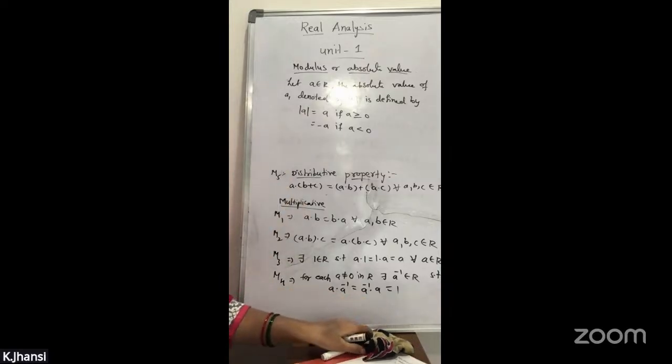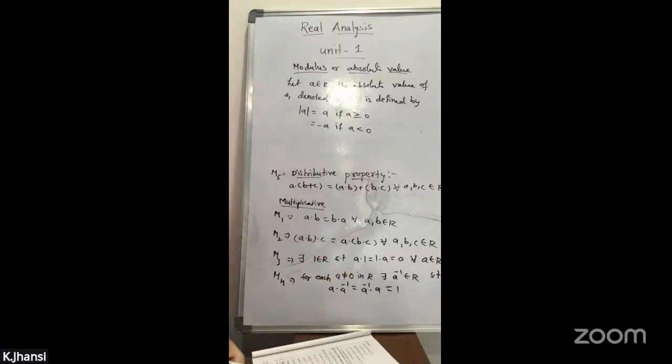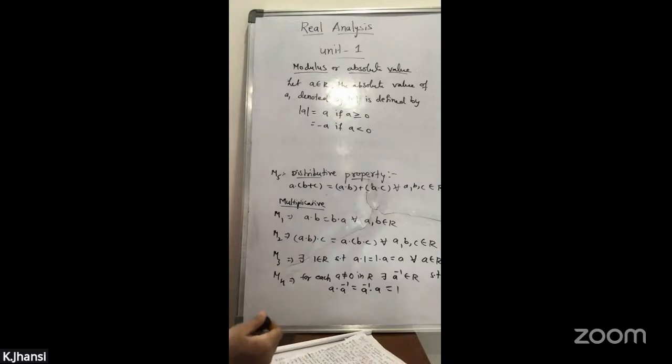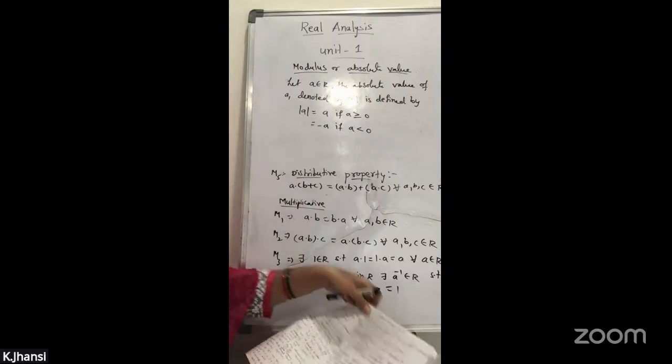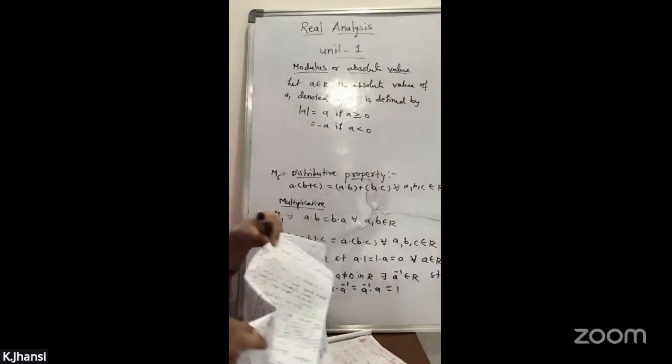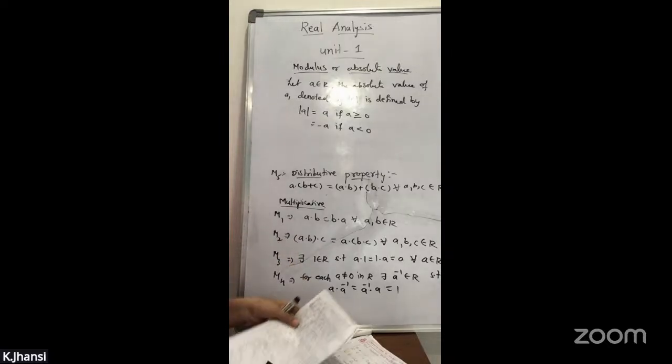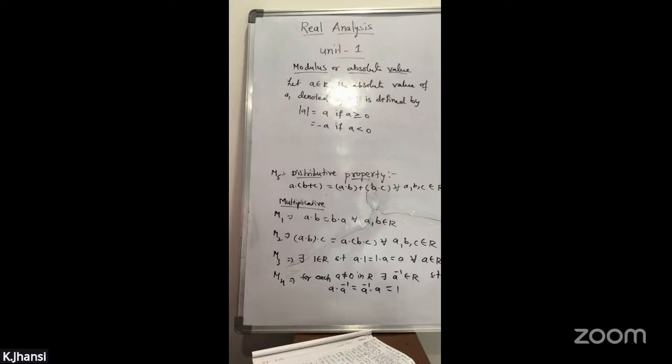So next after this we have the countable set and also the definition of a countable set. Before that, you should know the concept of what a set is. If you know what a set is and what a subset is, then whatever theorems are there in real analysis all use the concept of set and subset. In lower classes, that is in 10th standard, you have studied about sets. A set is a collection of well-defined objects.